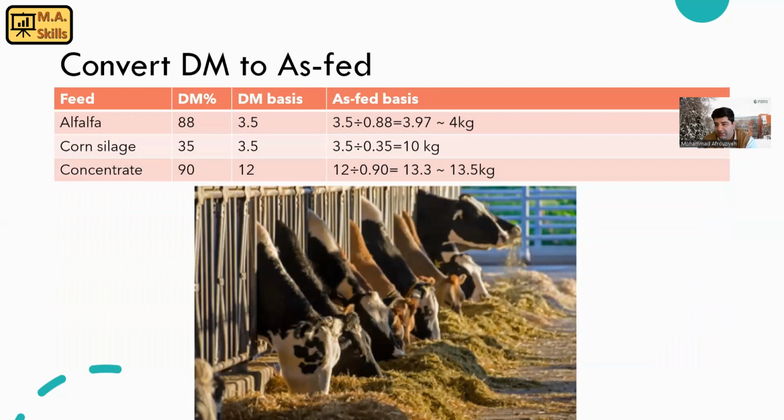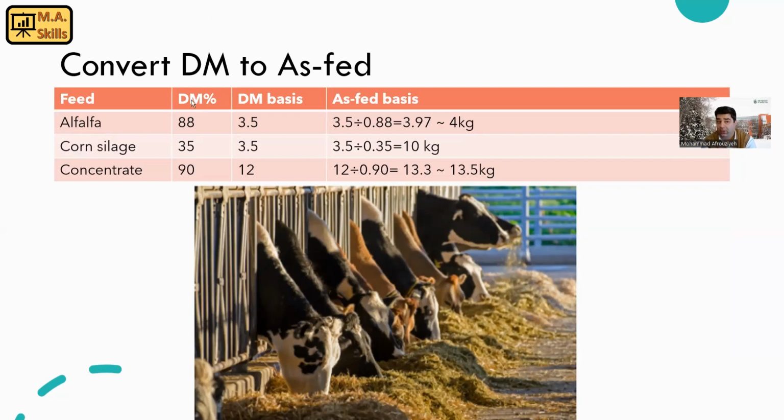And the last step, we need to convert dry matter to as fed. So far, we have calculated 7 kilos forage in our diet, and we divided it into two sections, 3.5 kilos for alfalfa, 3.5 kilos for corn silage, and 12 kilos concentrate, right?